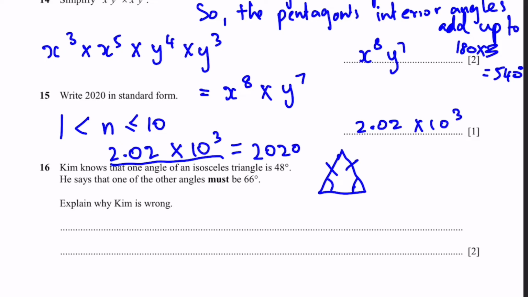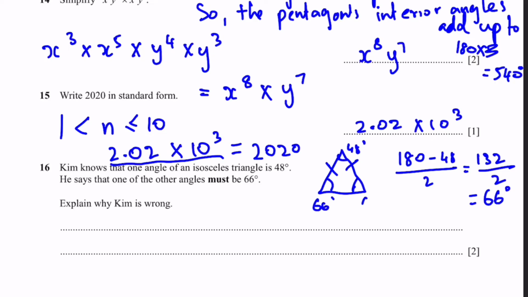So let's say that the top angle is 48 degrees. Then this will be 180 minus 48 by 2 for each of the other two angles, which is equal to 132 by 2, which is equal to 66 degrees. So these two will be 66.